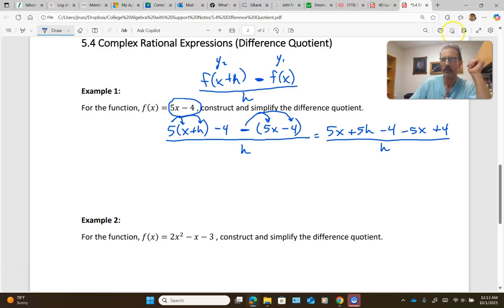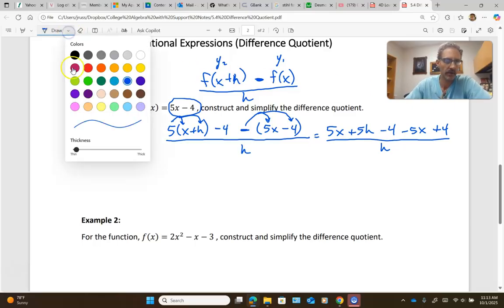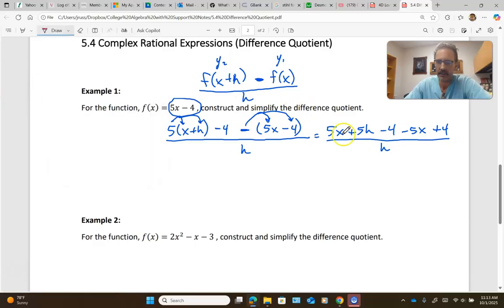Typically, guys, what I will do is work out the numerator first, get it simplified, and then at the end I'll put it over h and see if there's anything else I can do. But what you'll notice here is we're going to have some terms eliminate, and this is very common.